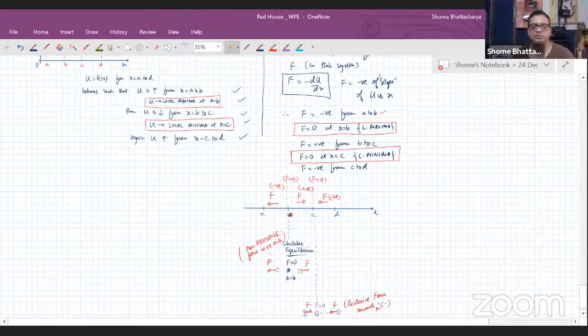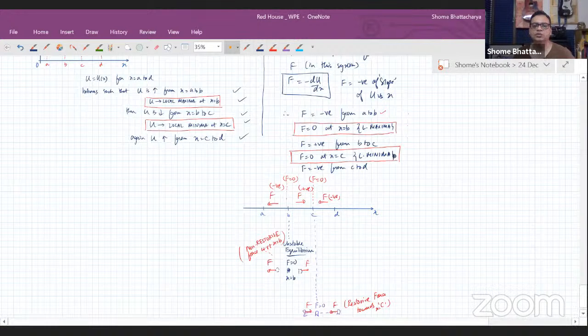So that is telling me something important about the point x equal to B and the point x equal to A. All that is coming initially from the graph of potential energy versus x, which we had started with. By looking at the slope of that graph, we understood where the force is positive, where the force is negative, and where the force is 0. And now by looking at that, we can see that the point x equal to B is becoming an unstable equilibrium point, whereas the point x equal to C is becoming a stable equilibrium point.